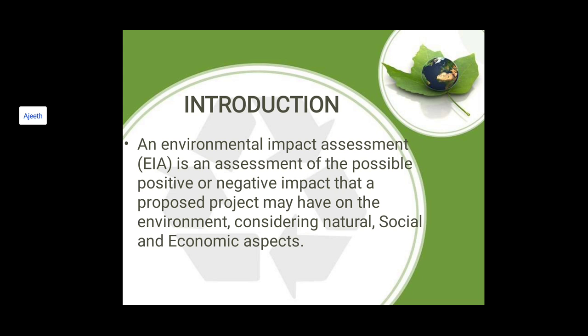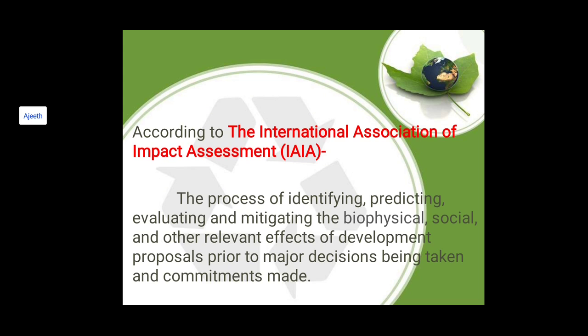I haven't gone through that, so we don't know what is actually going on. Some of the people have also shown their opposition towards that. So always an environmental impact assessment will be there, right, before the starting up of a project.